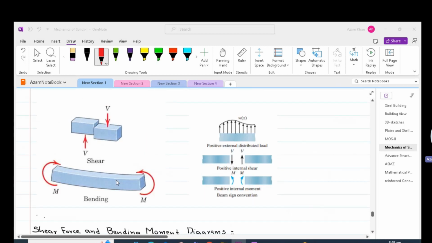We will assume that the load is positive if it is facing upwards. The shear force at an arbitrary transverse section, if facing down, would be treated as positive. And similarly, the counterclockwise moment at the arbitrary transverse section will be treated as positive.